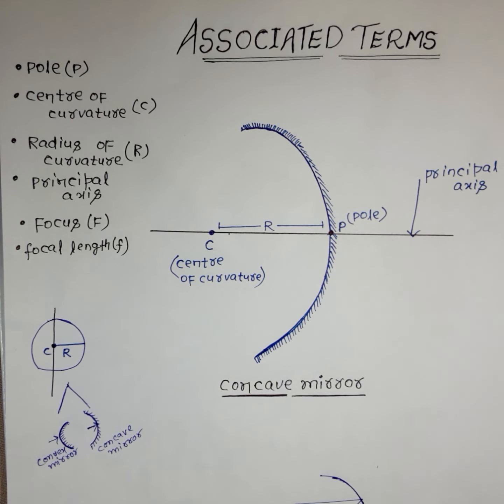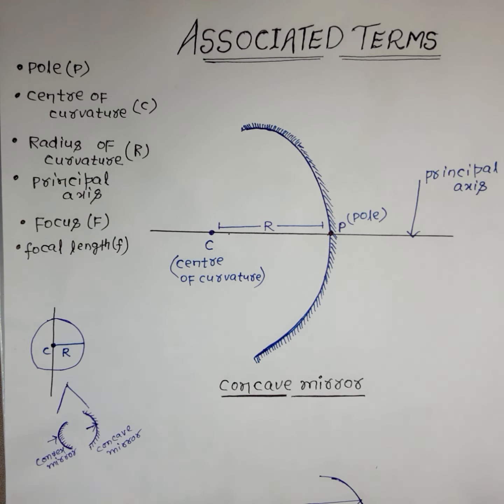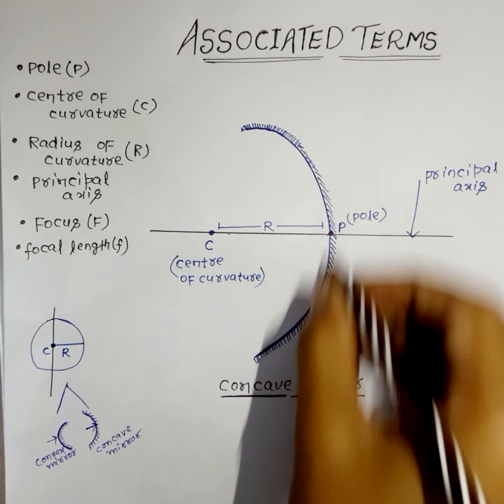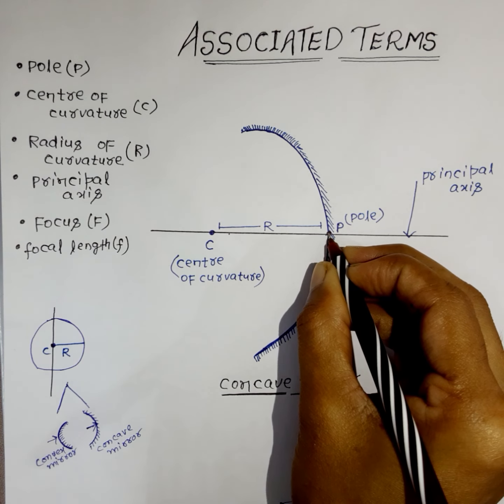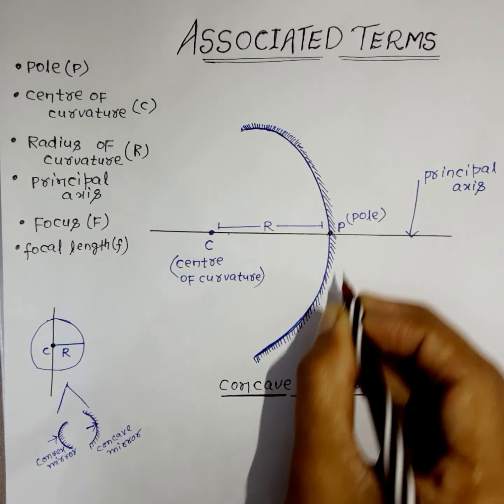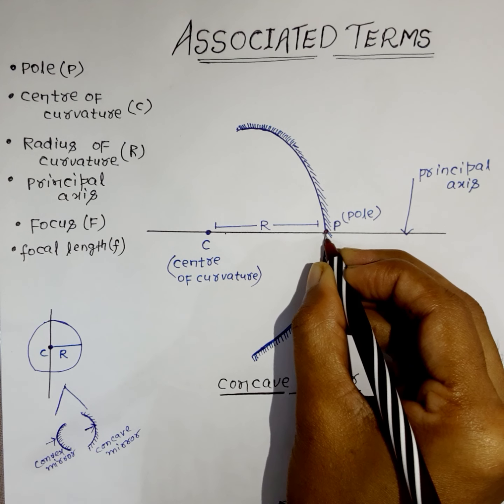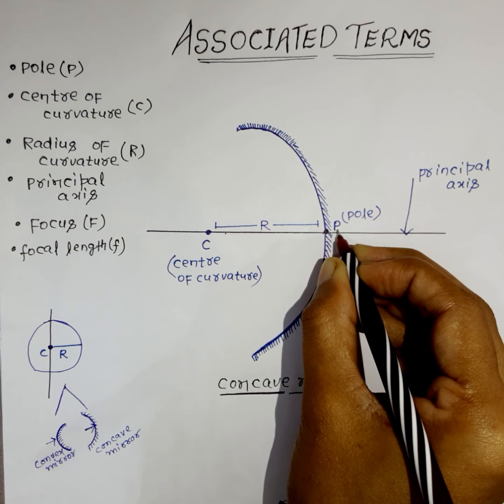Pole is represented by P. The center of the reflecting surface of a spherical mirror is a point called the pole. See, this is the part of the mirror. The center part of the reflecting part of the mirror, that is the pole.